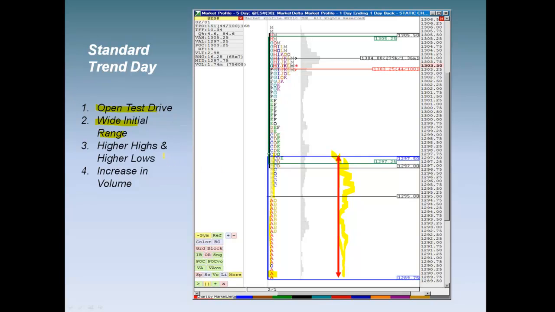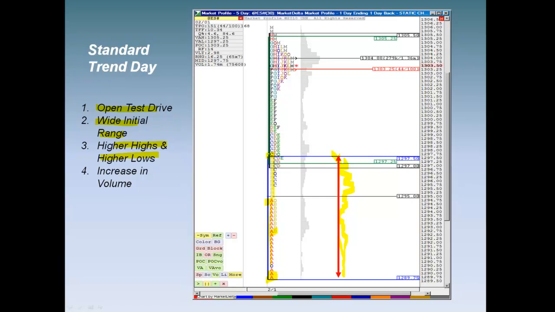The other characteristic of a standard trend day that is very important to observe: higher highs and higher lows. And immediately we begin by seeing that from period A to period B to period C. Period A has a low here, period B, here's the low, so obviously that is a higher low. And similarly, here's the high for period A and the high for period B. Notice how much higher it is.